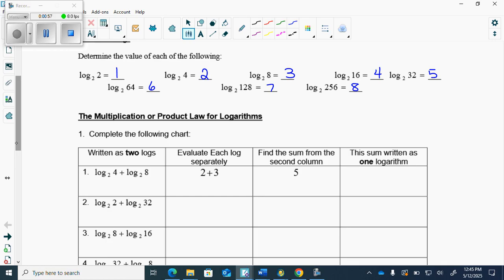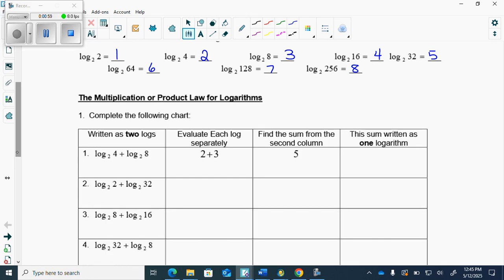So we're going to look at these. If I have log base 2 of 4 plus log base 2 of 8, log base 2 of 4 is 2, plus log base 2 of 8 is 3, and I get 5, correct? True? We can also put these together using the sum and product rules. If I have 2 logs with the same base and plus 1s in front, I can put them together by multiplication.